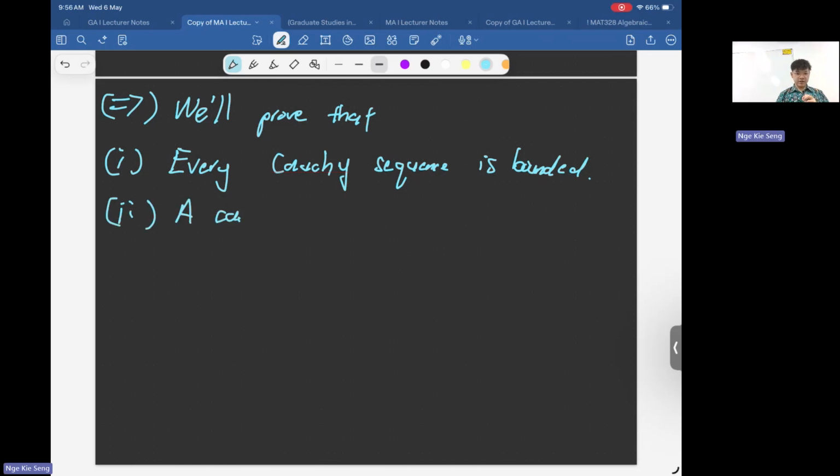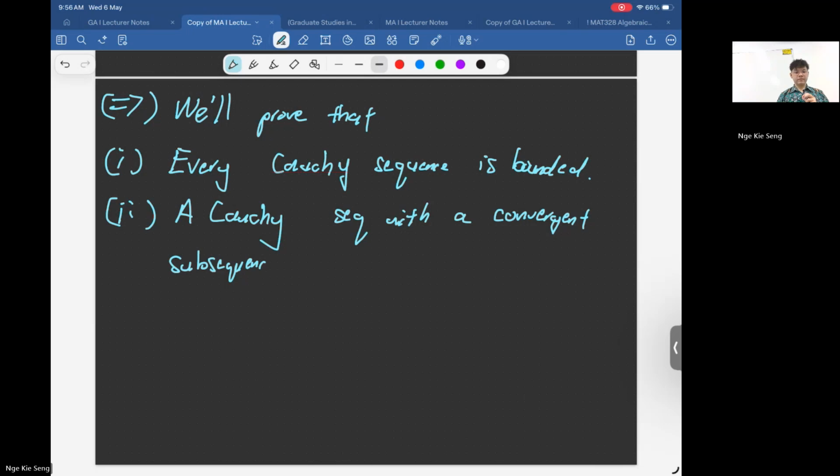Another one is a Cauchy sequence with a convergent subsequence is convergent. In this sentence, one part of it is already proven. A Cauchy sequence must come with a convergent subsequence. Why? Who gives you the convergent subsequence?